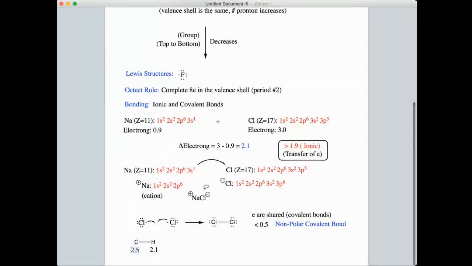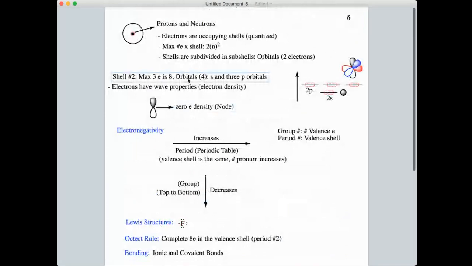Now, there could be a situation in which, instead of sharing equally, the electrons are shared unequally, meaning that one of the atoms attracts the electrons more than the other one.